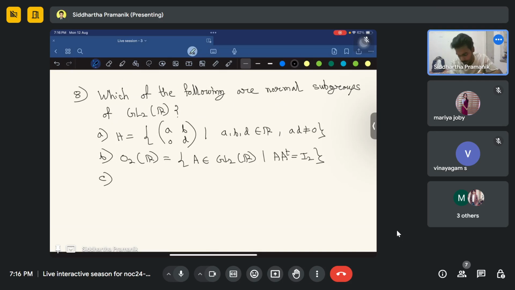Third one is SO2R, which is A belongs to GL2R such that A is orthogonal, meaning A transpose A is identity and determinant of A is 1.